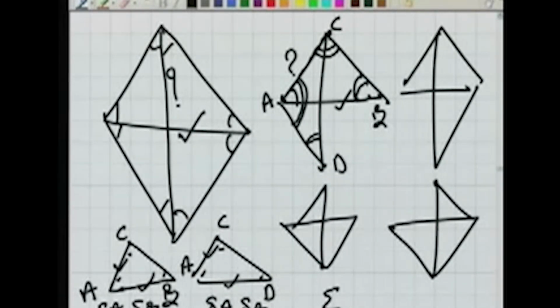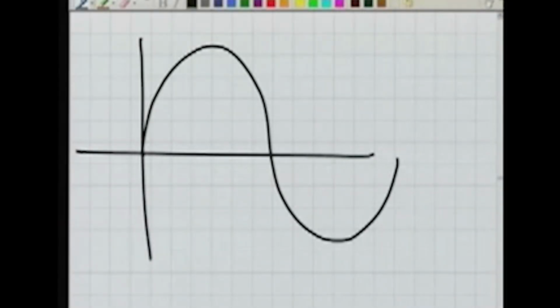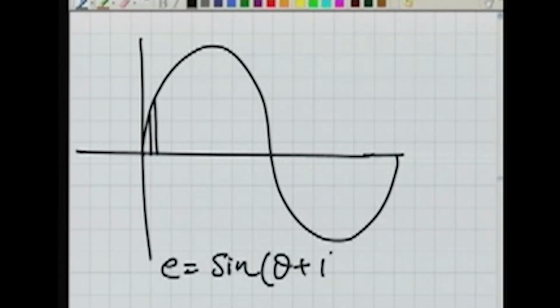So what is this actually indicating? It indicates del A as well as del B. For example here, if we know how the sine varies, sine theta, for a very small angle here, let us say theta, we write the error E as sine of theta plus 1 second minus sine of theta.